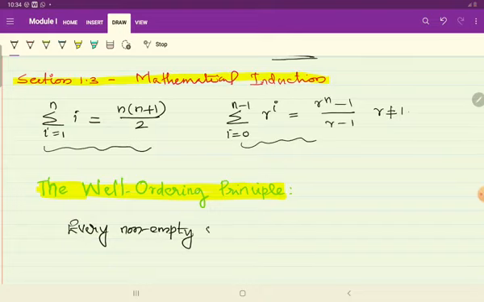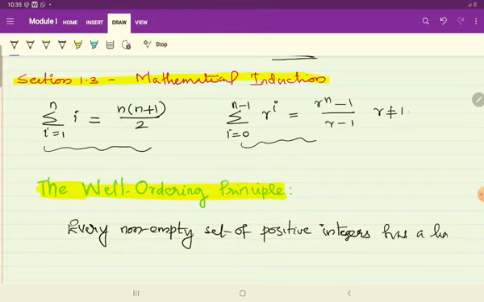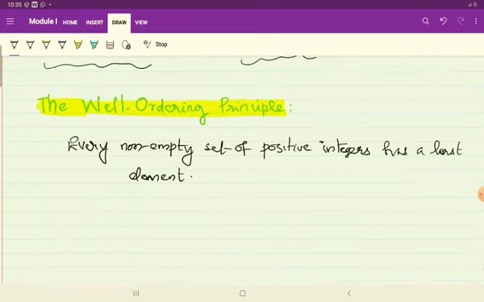Every non-empty set of positive integers has a least member. The smallest value will be there in every non-empty set of positive integers.